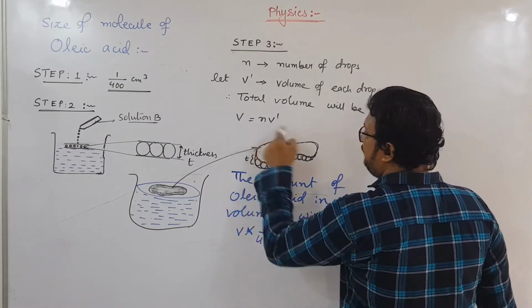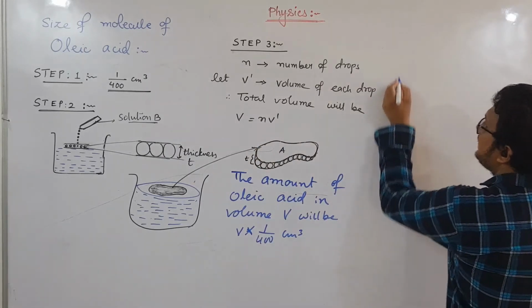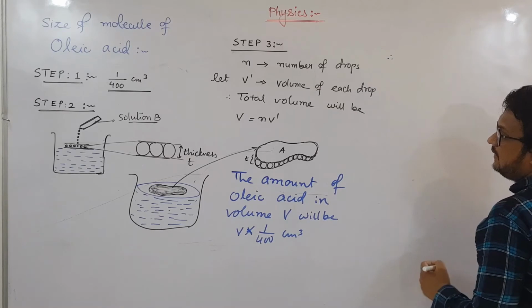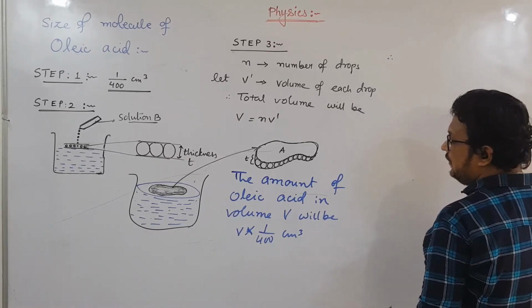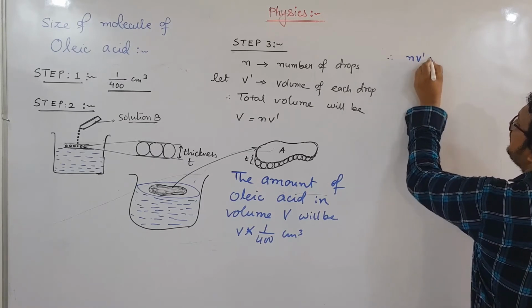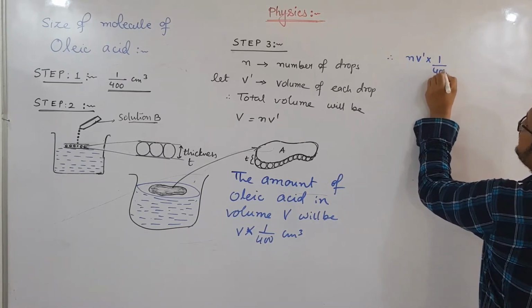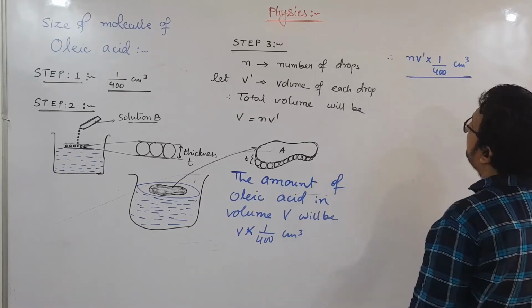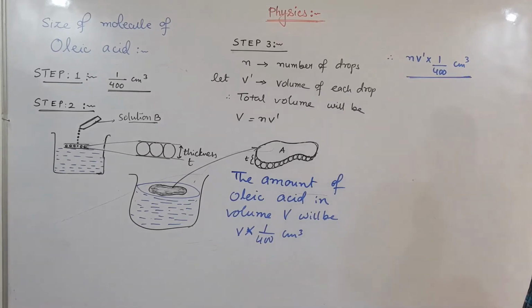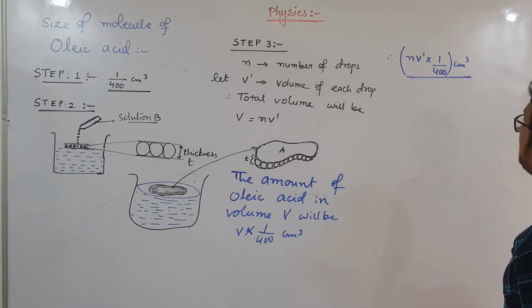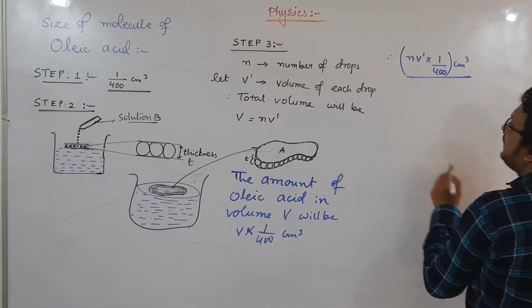Now V is n V dash, so the amount of oleic acid present in the given solution will be n V dash into 1 by 400 centimeter cube. This will be the total amount of oleic acid present in the solution.